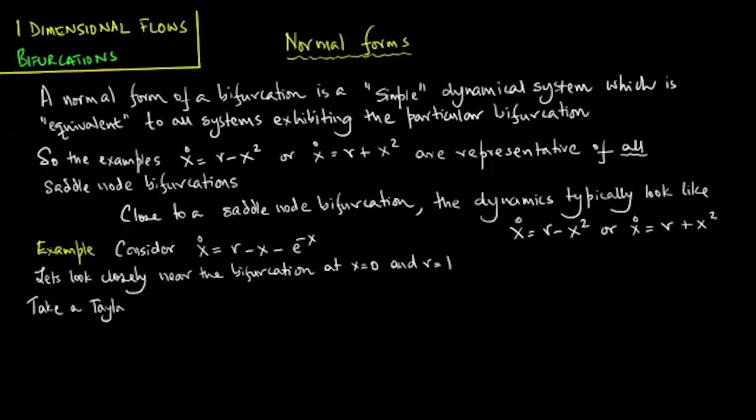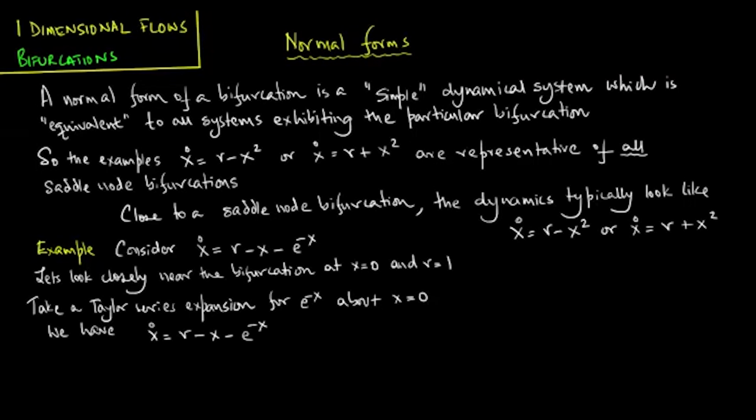So we take a Taylor series expansion for e to the minus x about x is equal to 0. So we have x dot is equal to r minus x minus e to the minus x, which is equal to r minus x minus, expanding e to the minus x, we get 1 minus x plus x squared on 2 factorial plus higher order terms, which is equal to r minus 1 minus x squared on 2 plus higher order terms, which we ignore.